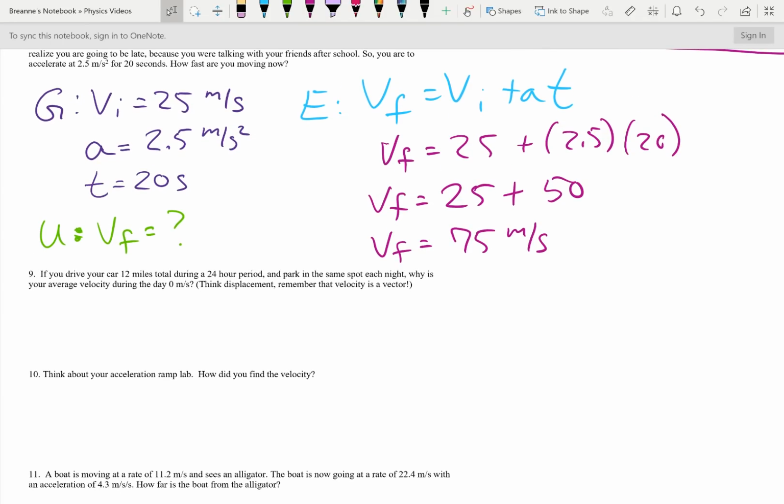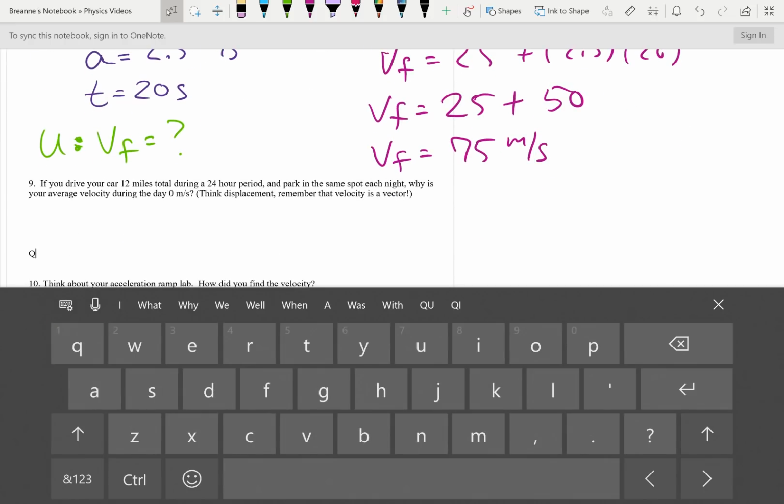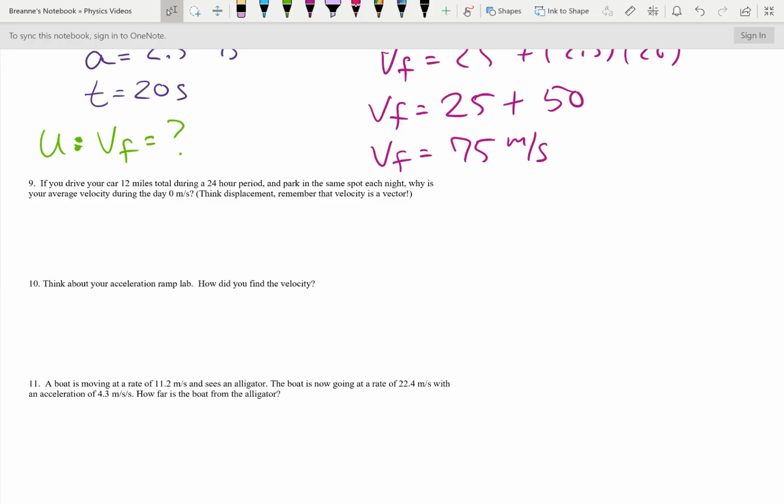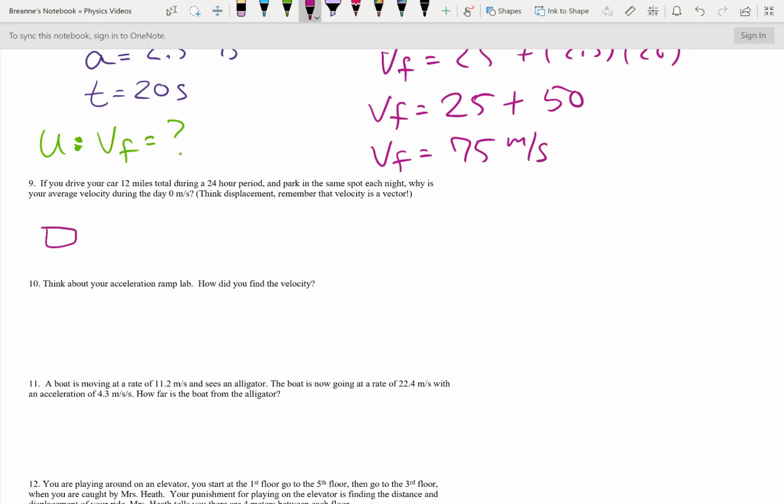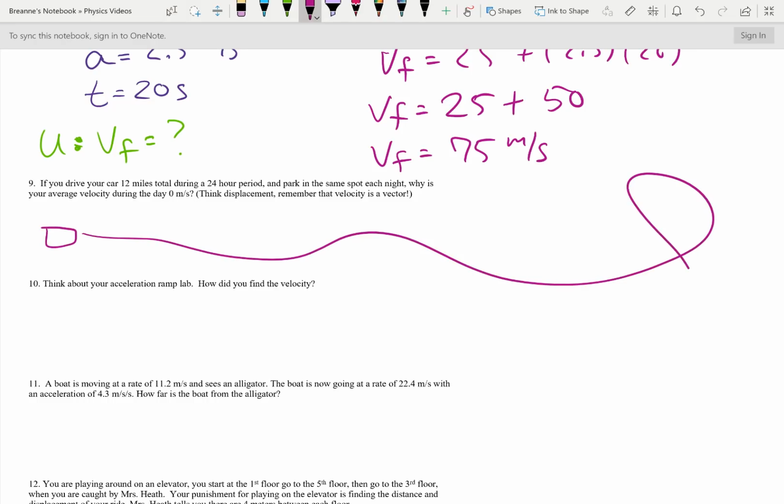For 19, it says if you drive your car 12 miles total during a 24-hour period and you park in the same spot each night, why is your average velocity during the day 0? Now, remember, your velocity is a vector. Vector means direction.